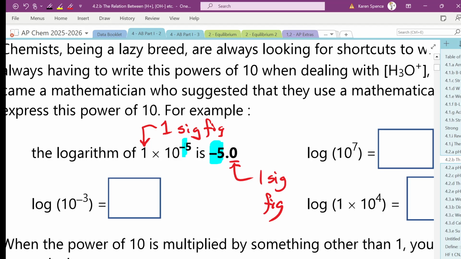Oh no. It's the power. If I was to say 1 times 10 to the negative 5, would you say that's 2 sig figs? Because there's a 1 and a 5? No. So you can't say there's a 1 and a 5. That 5 is this 5.